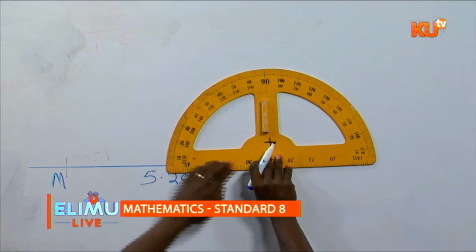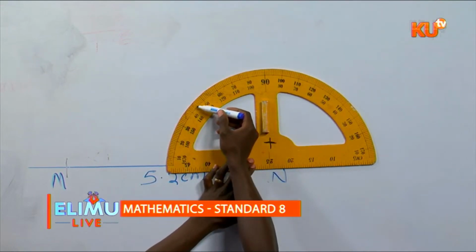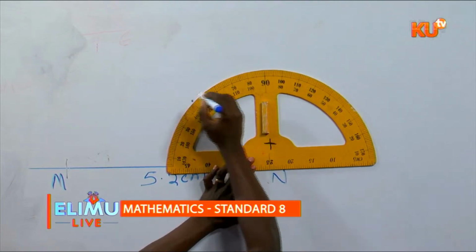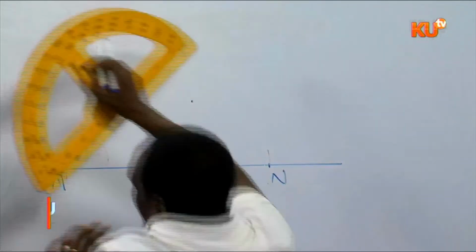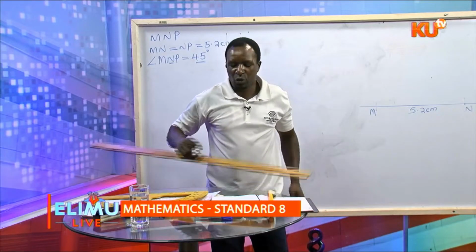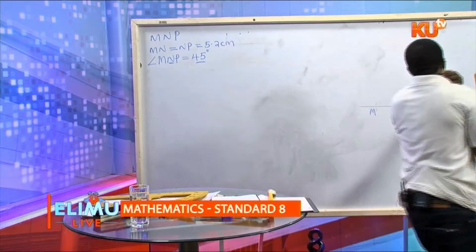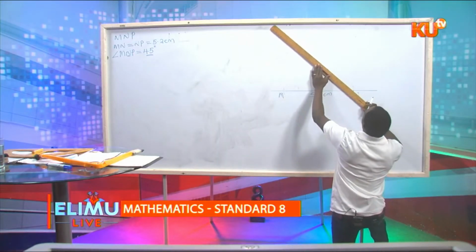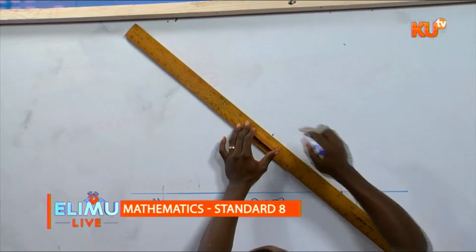So we go 0, 40, 45. Just put a dot, which is visible. Put your protractor down, take your ruler, and then draw a long line. Don't mind how far it will go.